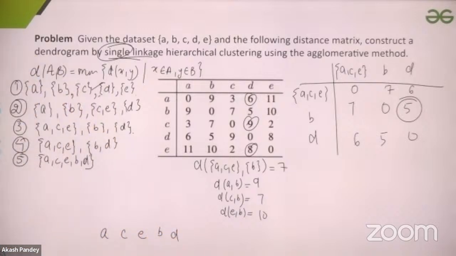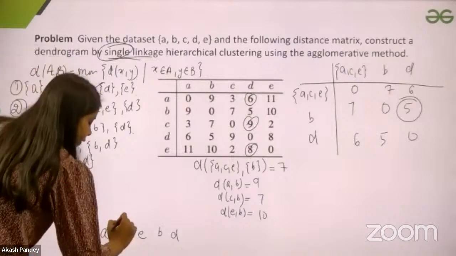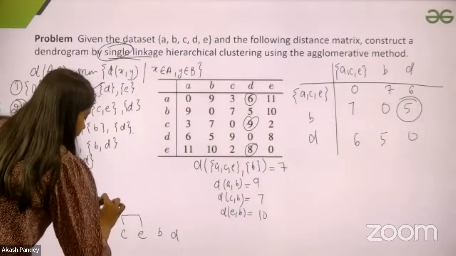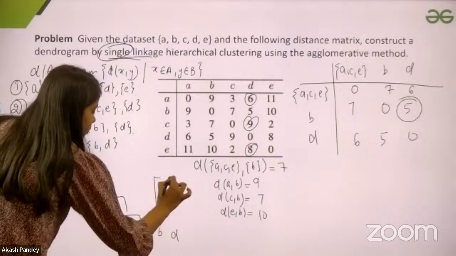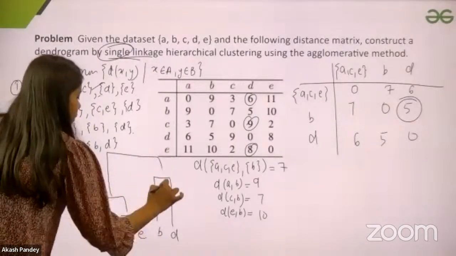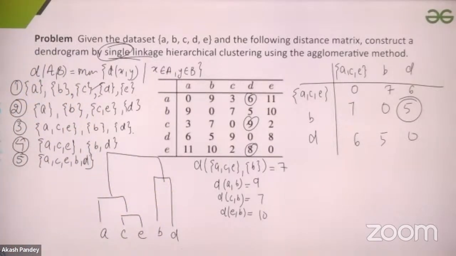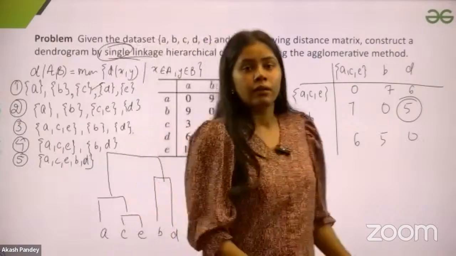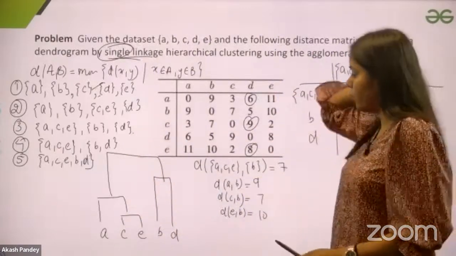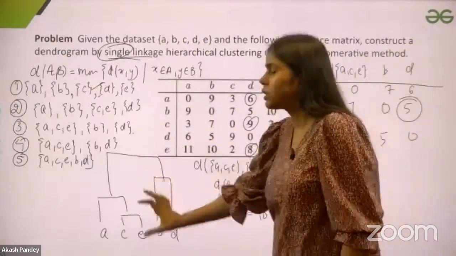So that I can draw a proper dendrogram. Because C and E first get combined, and then A gets combined with them. Then B and D get combined, and later on, all these 5 points get combined, so you would get one single cluster. So this is a dendrogram.